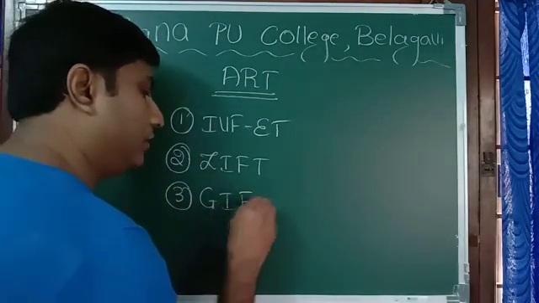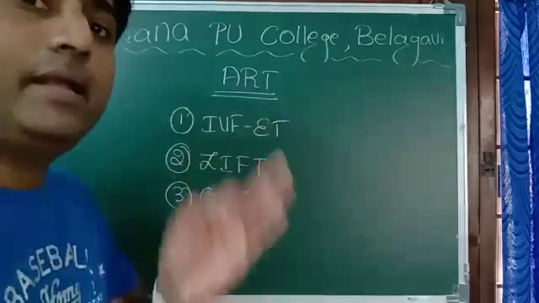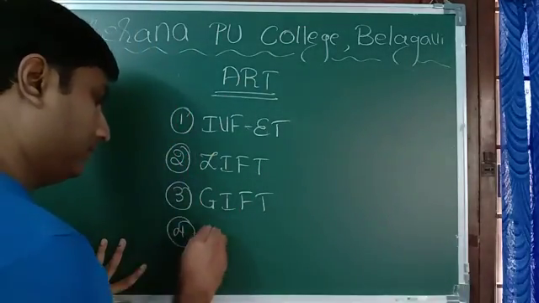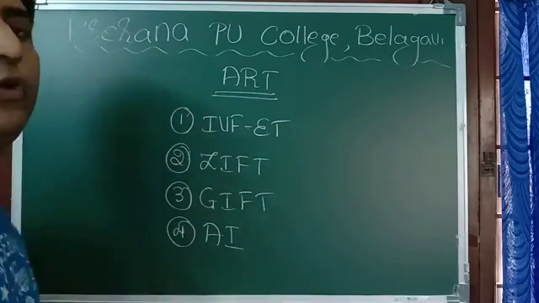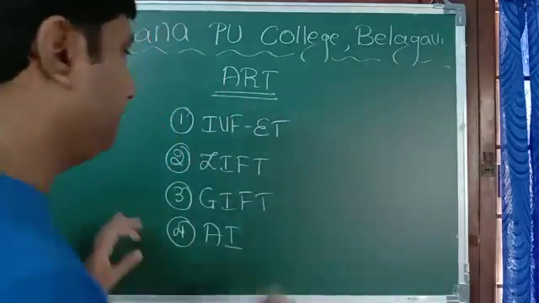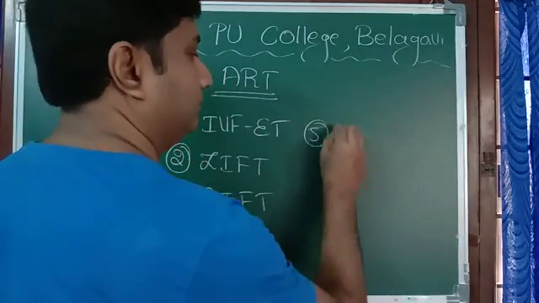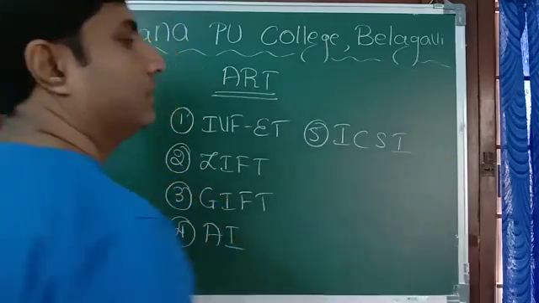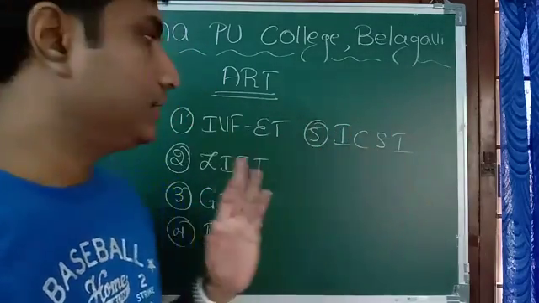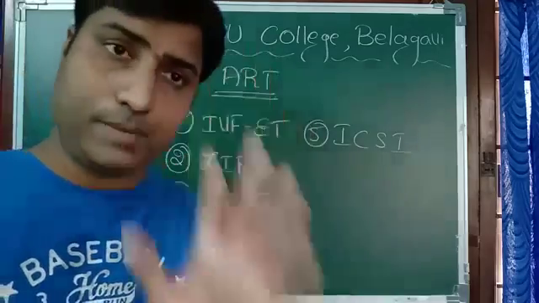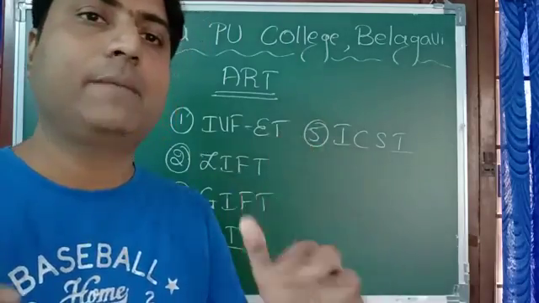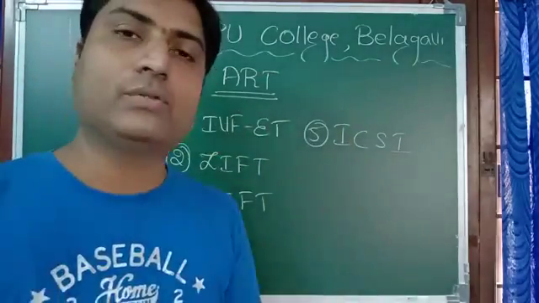Third, GIFT, gamete intrafallopian transfer. Fourth, AI, artificial insemination. And ICSI, intracytoplasmic sperm injection. So these are the various techniques of ART by which the problem of infertility or sterility can be solved and couples can have their own child.